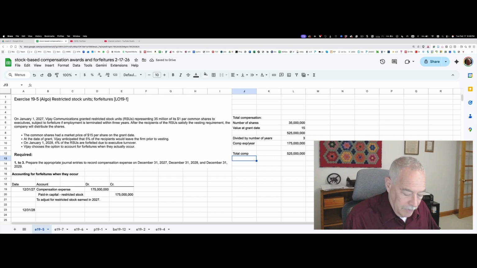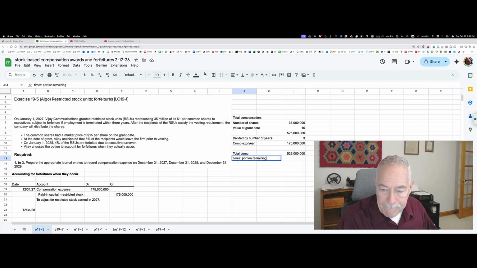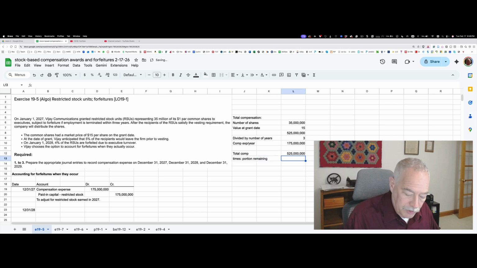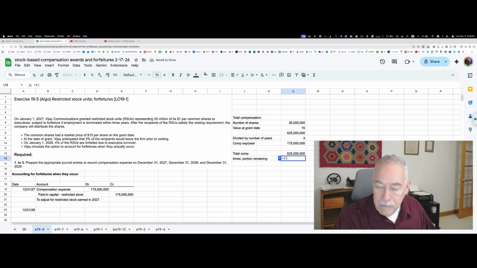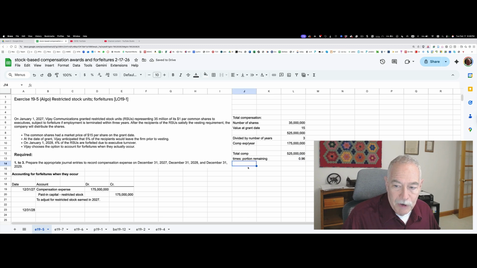times the portion remaining, which is going to be equal to 1 minus 0.04, because 4% forfeited on that day. And we're going to get 96% is the part that's remaining, equals total revised compensation.